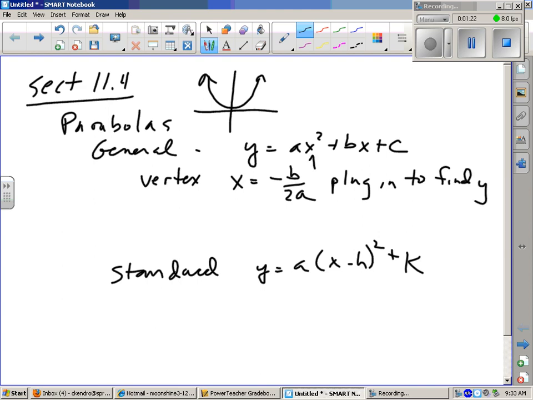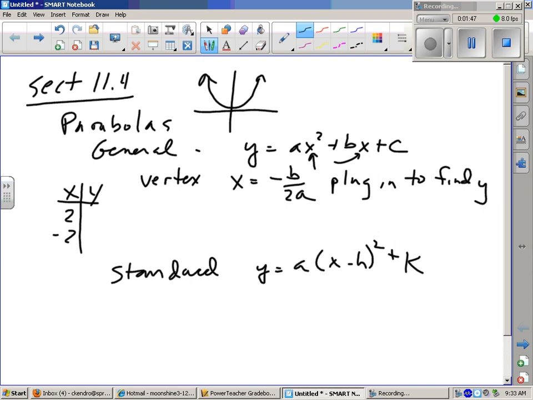So you plug that in here and here, that's the x part, and then you find the y from that. So that's how you would find the vertex, and then you would just pick a couple more points, maybe 2 and negative 2, depending on where the vertex is. And then you find 2 more points, and then you can graph it.